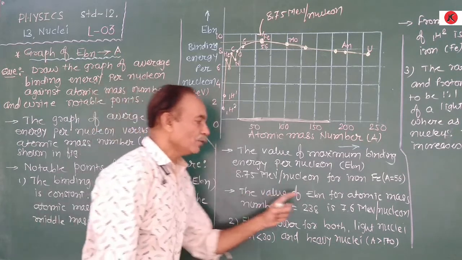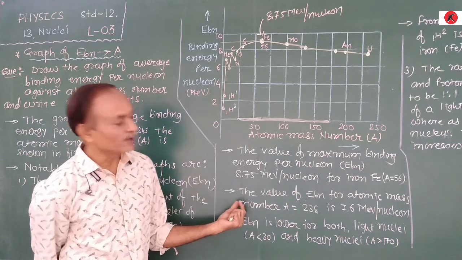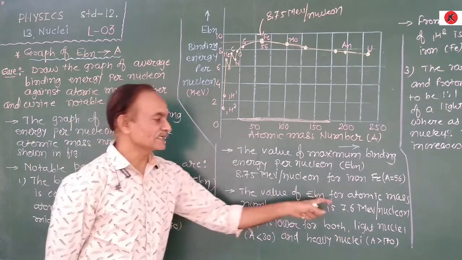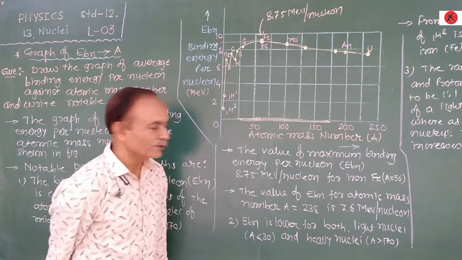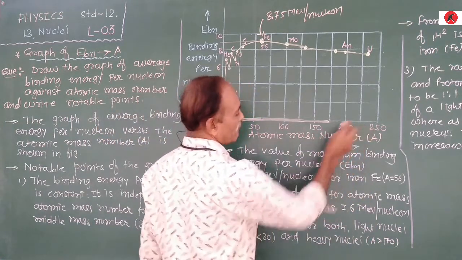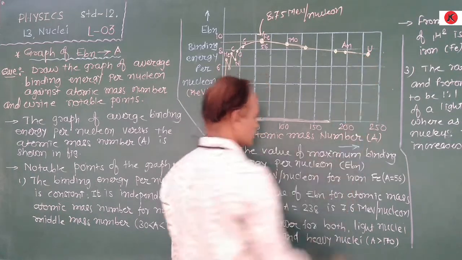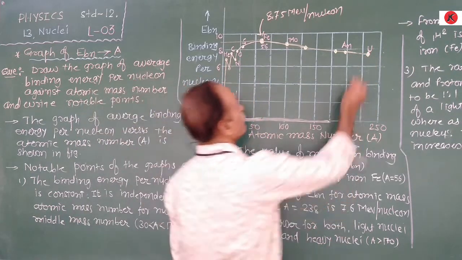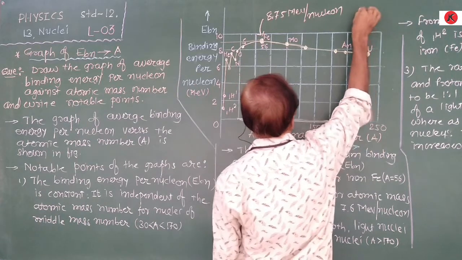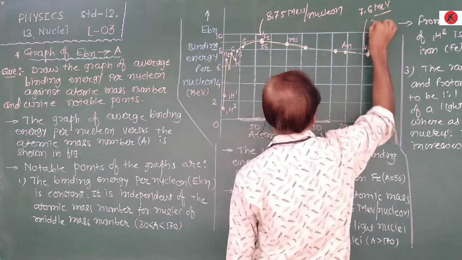While the binding energy per nucleon for atomic mass number A equal to 238 is 7.6 MeV per nucleon. For the atom with mass number 238, there is only 7.6 MeV per nucleon.